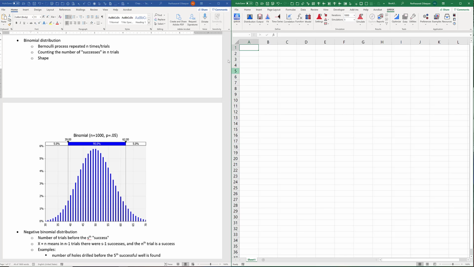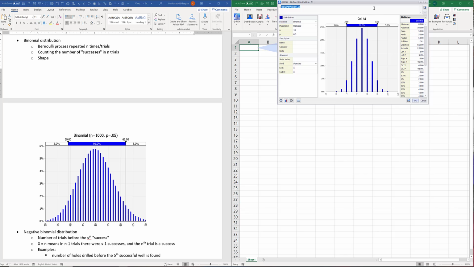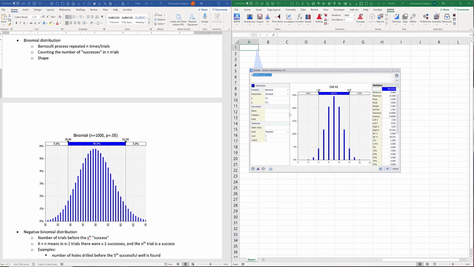So the shape is very familiar. Let's look at the possibilities here for binomial. Here we have 10 repetitions and 0.5 as the probability. If you change the probability to 0.05, you see that the shape changes.